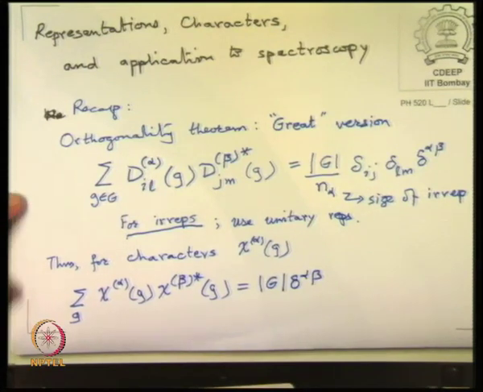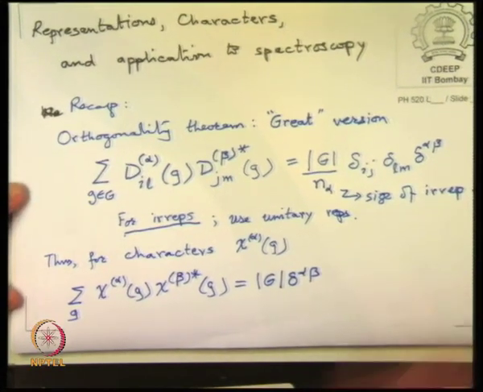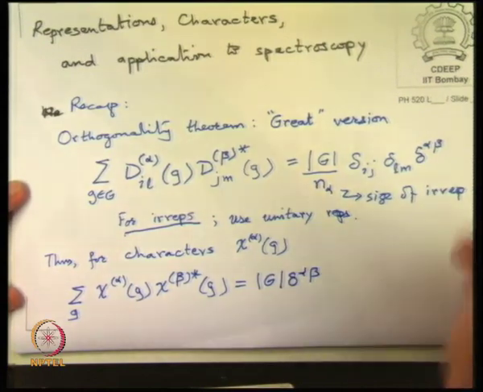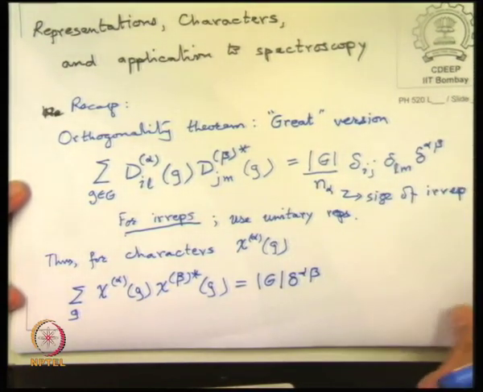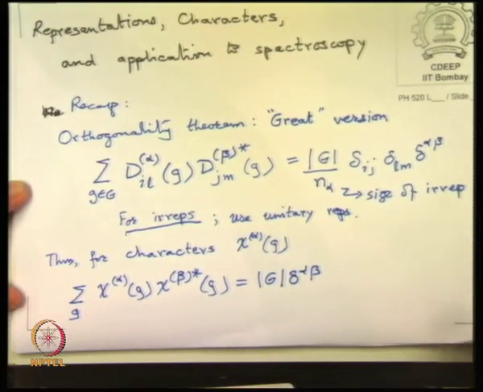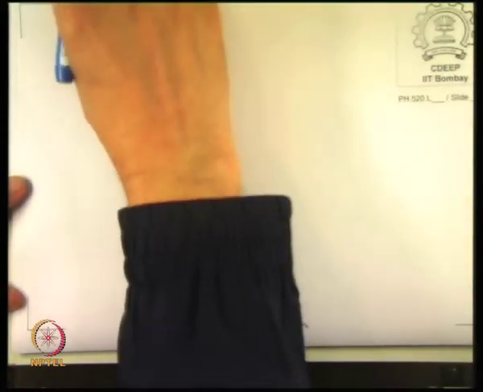But then we know that the characters are the same for all the elements in a class, and we will soon see the geometric meaning. We have already discussed the geometric meaning of a class. They are essentially elements that do the same thing, but their starting points are different, that's all.